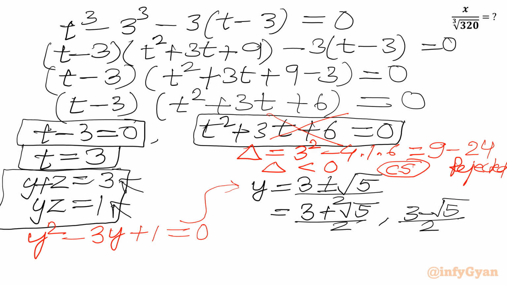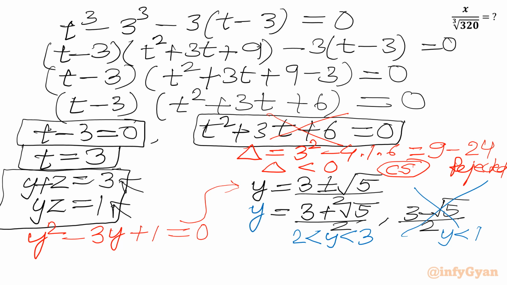If we check the values, then here we are getting a value in the interval 2 and 3. And this value is less than 1, in decimal value. So we will reject 3 minus root 5 over 2 as our solution for y.